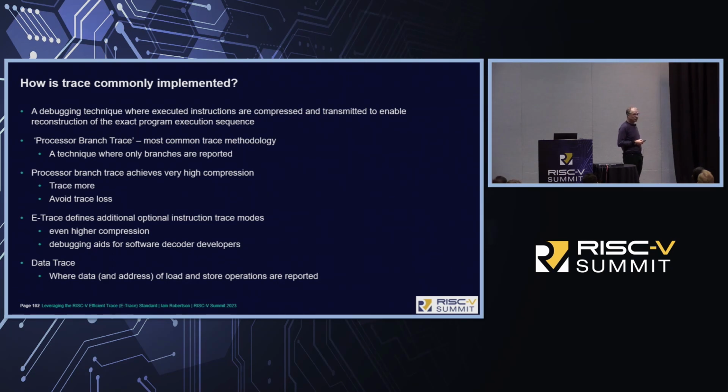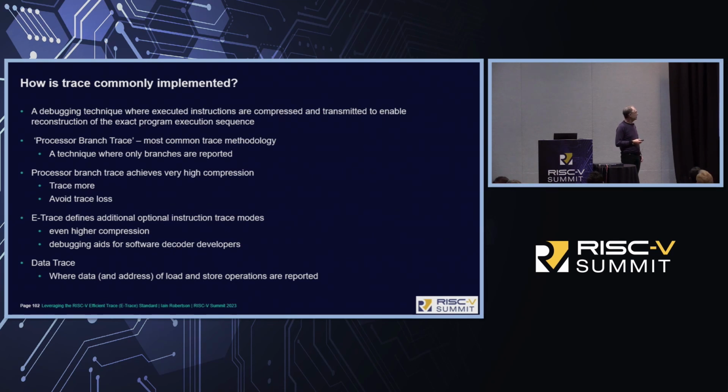That's monitoring the instructions that are executed, encoding and compressing that, and then sending it typically off chip to a decoder, which is software that will use that information along with the program binary to reconstruct the execution path through the program. The most common form of this is called processor branch trace. In this context, branch means any non-sequential change in the program. It's not just branch instructions.